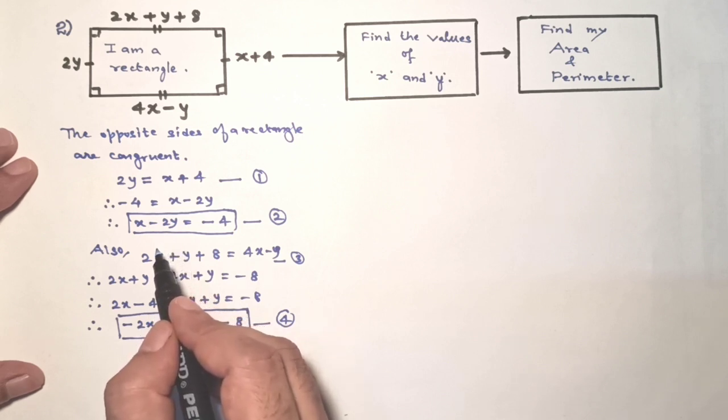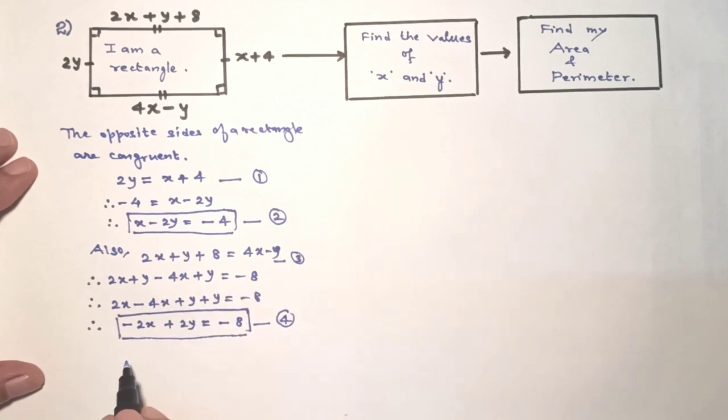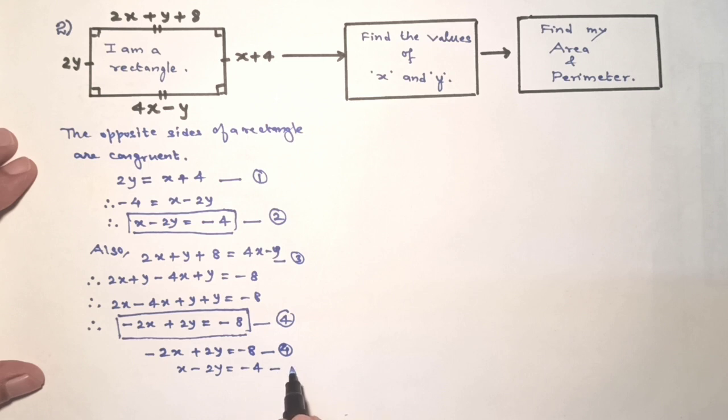Now take these two equations and write here minus 2x plus 2y is equal to minus 8, which is your fourth equation, and x minus 2y is equal to minus 4, which is your second equation. Add them.